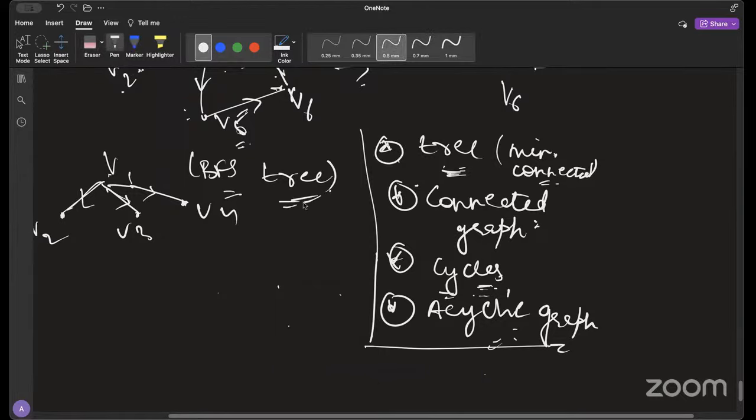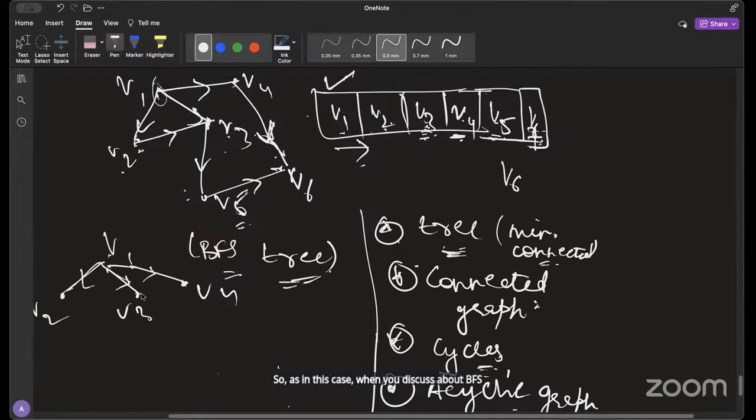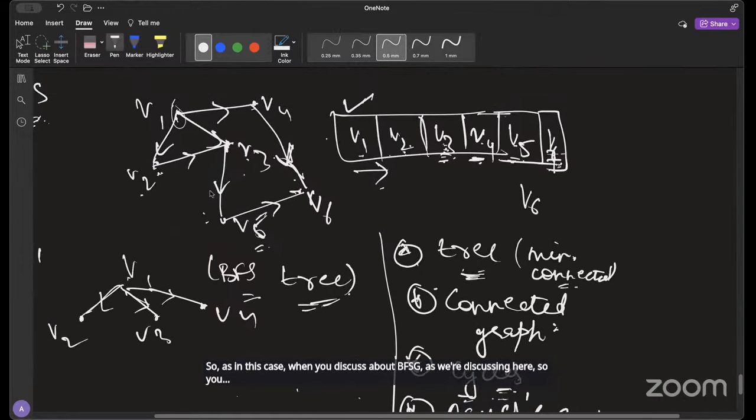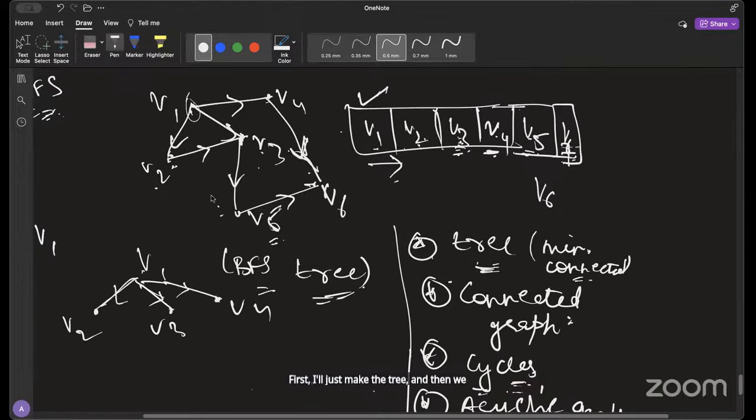So in this case, when you discuss the BFS tree, first I'll just make the tree and then we'll discuss from where we can go to where. So you go to all these three vertices and then from V2 you can go to V3. But V3 is already mentioned here. So when you're making a tree, make sure there are no cycles.